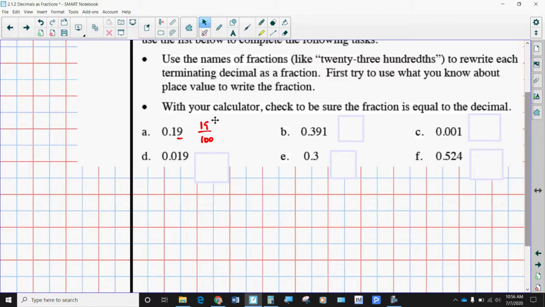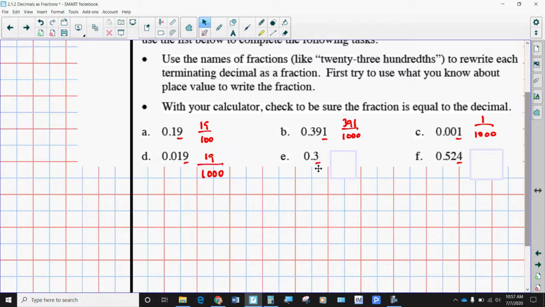All right, welcome back. Let's do this. I'm going to go ahead and underline each one of these last digits so we know what place these are in. So this is 391 with the 1 in the thousandths place, so that is 391 thousandths. This is a 1 in the thousandths place, so it'll be 1 thousandth. This is 19 with the 9 in the thousandths place, so this will be 19 thousandths.